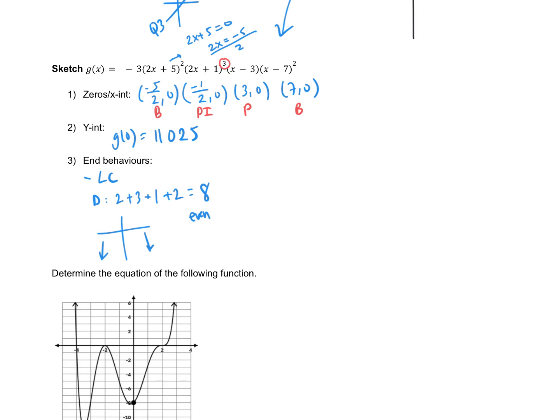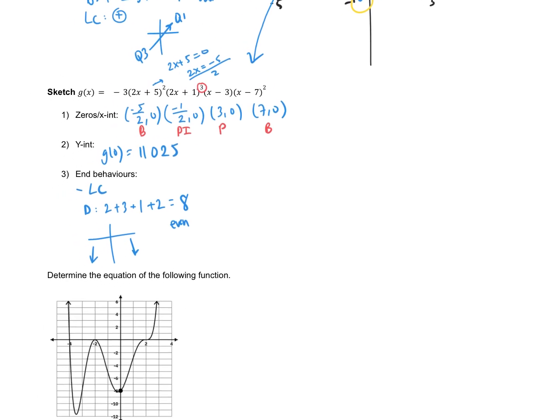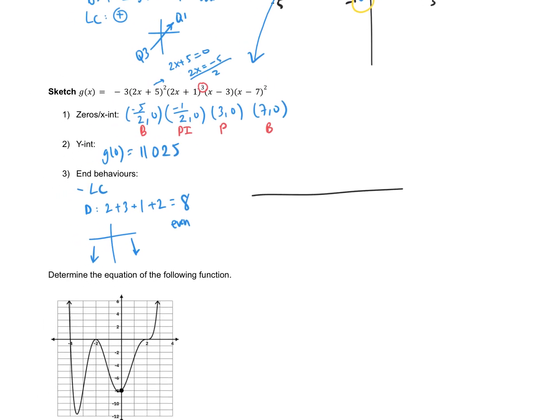So with that in mind, let's get into a very rough sketch here. So 1, 2, 3, 4, 5, 6, 7, and I need 3. 1, 3, 3, 2, 1. Okay, in terms of my x-intercepts, negative 5 over 2, which is negative 2.5, is a bounce.